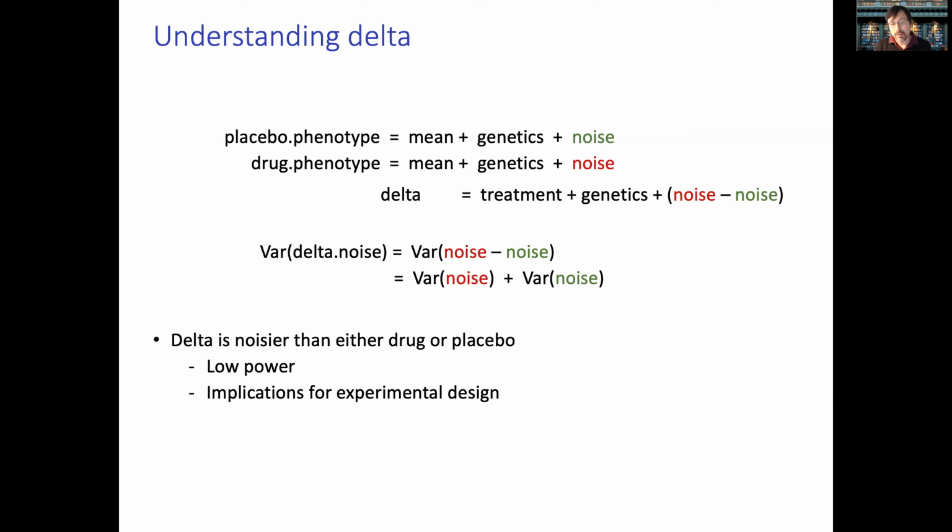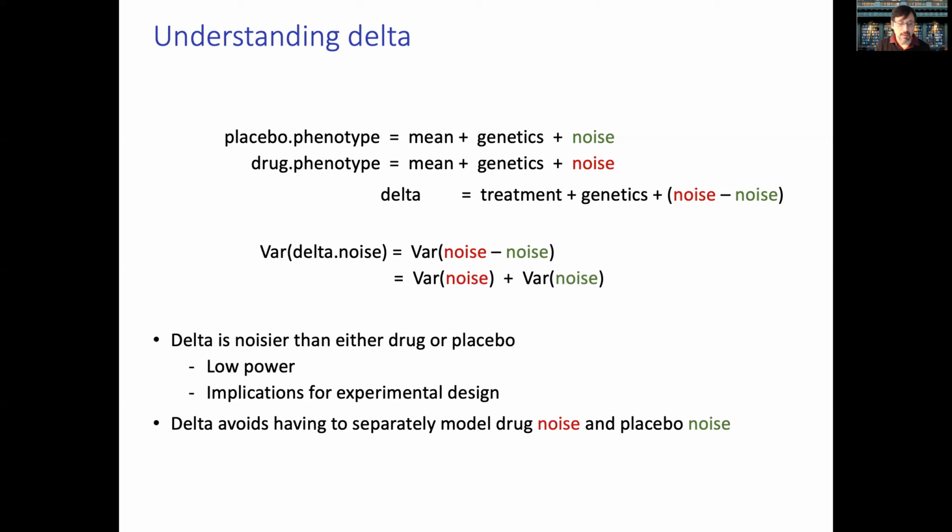This means that the studies are going to be lower power, and this has implications for experimental design. A good thing is that delta avoids having to separately model the two different sorts of noise, or having to assume that those two sources of noise are equally noisy, as would be done in traditional interaction models.